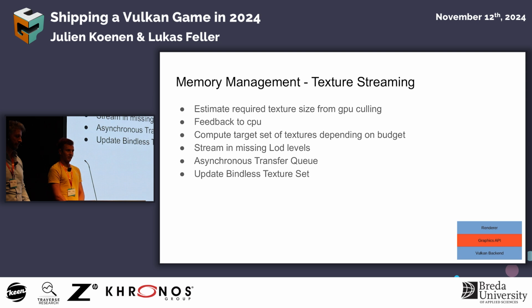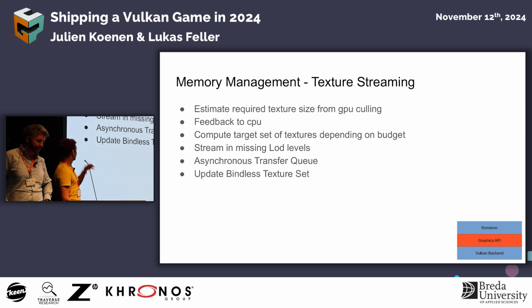And then try to find a good solution to load as many textures as possible so that it still fits in the budget. For those, we kick off loading, and once we get the data from our resource system, we schedule an async transfer and update the bindless descriptor once that is done.